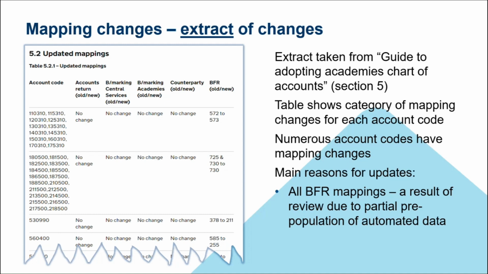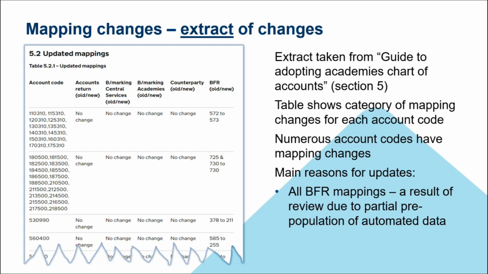So we've been using real test data and running that through, and we've actually come up with a whole bunch of changes. So even if you're completing your BFR manually, we've updated the mappings on the 23-24 as well as the 24-25.